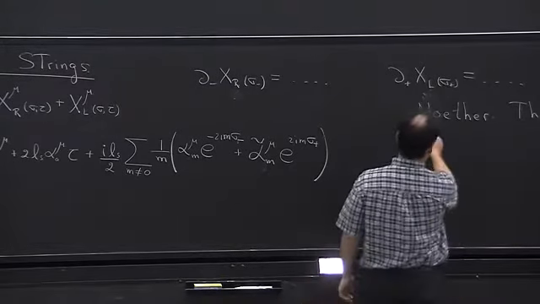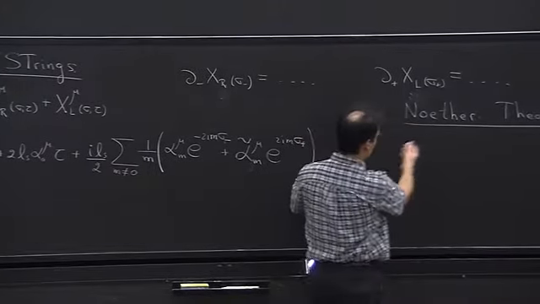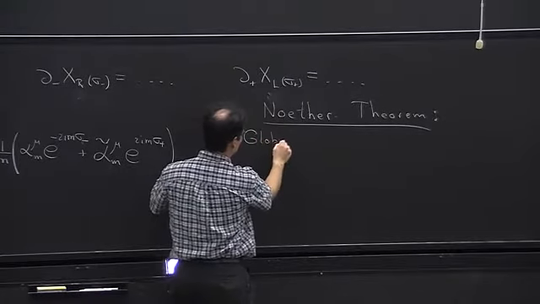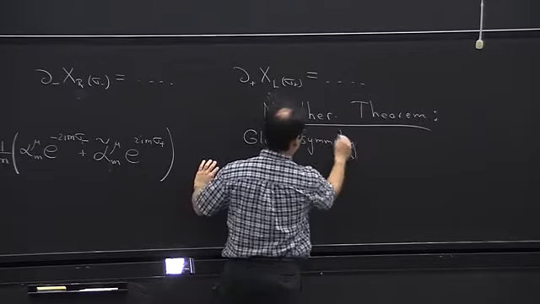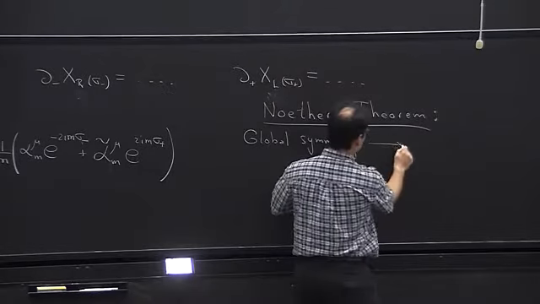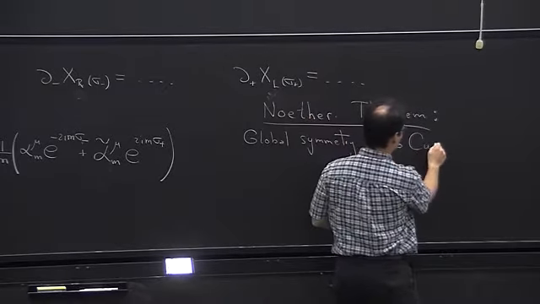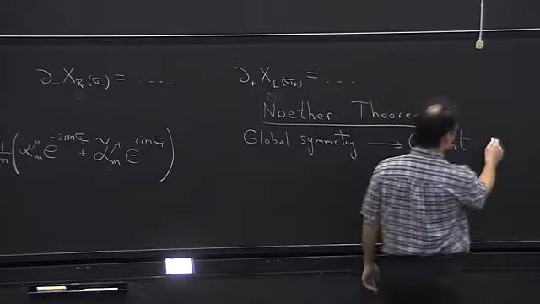That's the reason why we're not going to do it in detail. I'm just going to remind you what happens. Remember, for every global symmetry, we can produce a current. So let's call it J.